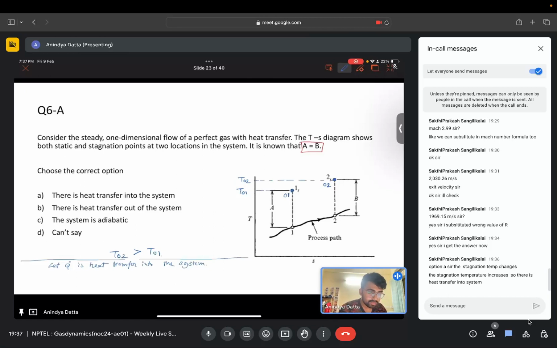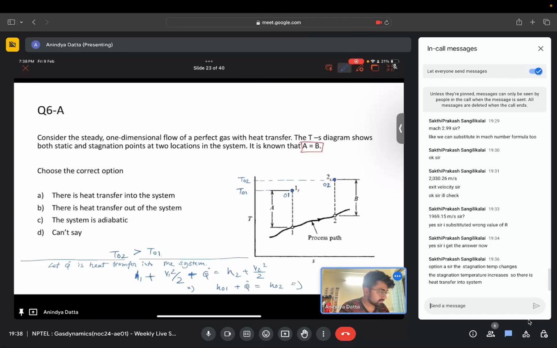Remember, this is an open system. So you can write H1 plus V1 squared by 2 plus Q dot is equal to H2 plus V2 squared by 2. We can write this as H01 plus Q dot is equal to H02.